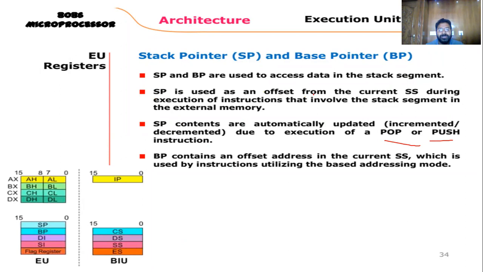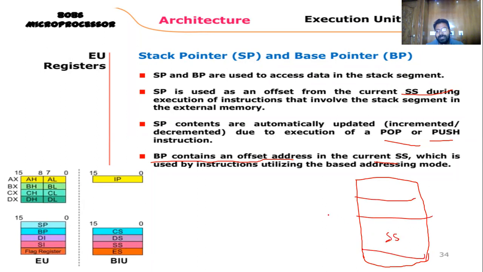So the stack pointer is used as an offset from the current stack segment register. The base pointer contains the offset address of the SS. For suppose this is the SS. The starting address of the stack segment is provided by the stack segment register.